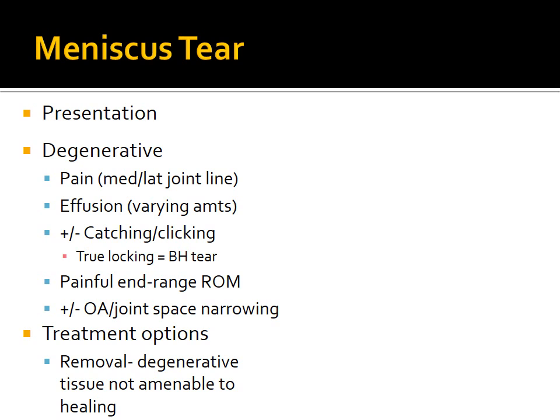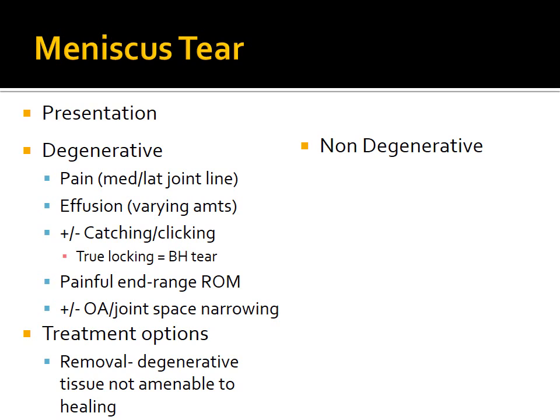With degenerative meniscus tears, there may also be arthritis or joint space narrowing, as we discussed earlier. Treatment for degenerative tears either involves conservative treatment or surgical excision of the damaged portion of the meniscus. These degenerative tears are not really amenable to repair because the viability of the tissue around it is just not good quality, and there's poor healing potential.